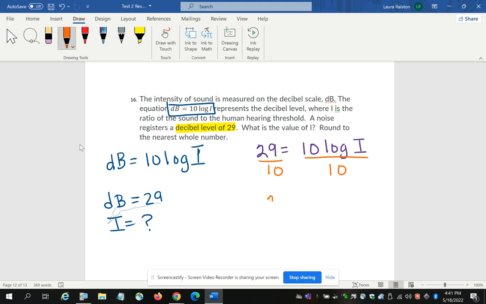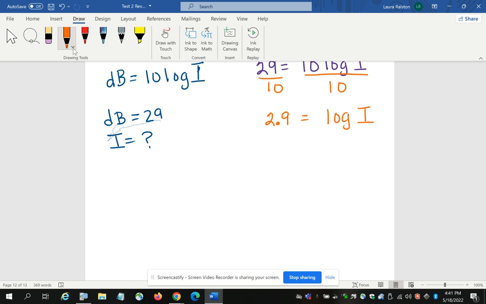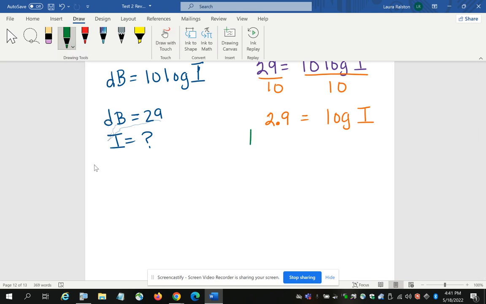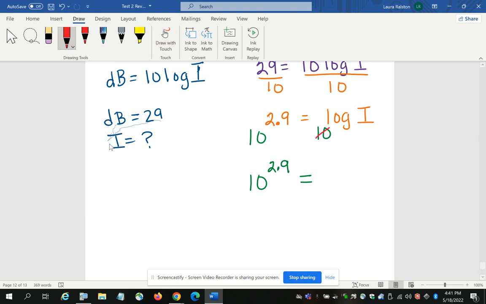So that gives me 2.9 equals log I. Then I need to eliminate log base 10. So I'm going to do 10 to the power, base 10. So I have 10 to the 2.9 equals, again, exponential base 10 and logarithm base 10 are inverses, and that equals I.